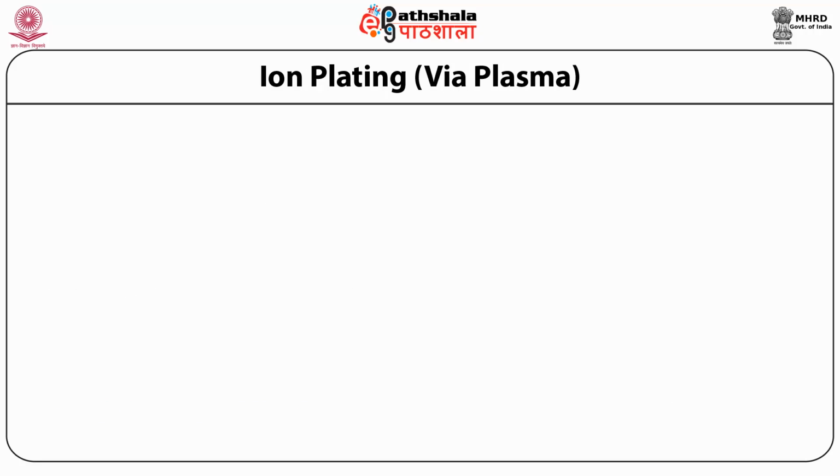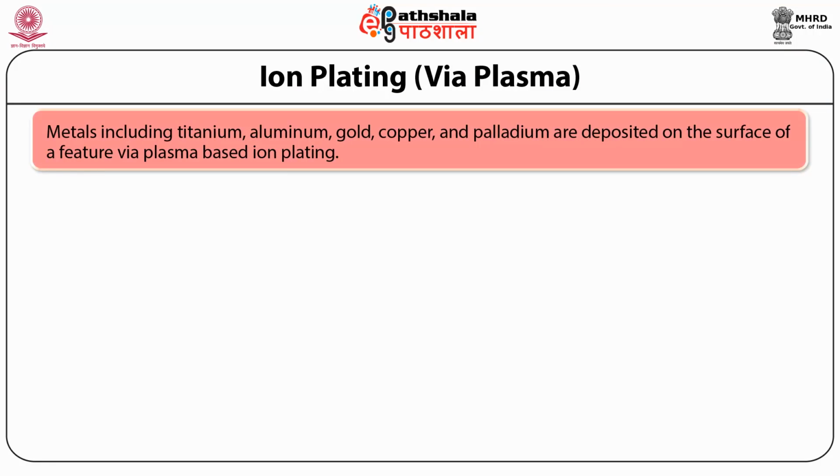Let us next discuss the ion plating technique, which is via plasma. Metals including titanium, aluminium, gold, copper, and palladium are deposited on the surface of a feature via plasma-based ion plating.